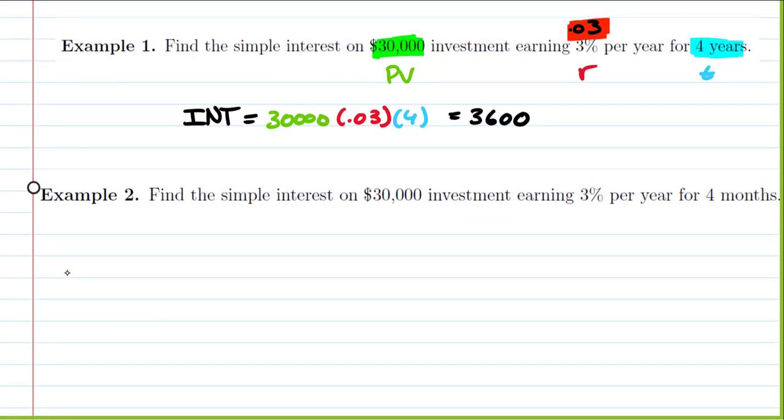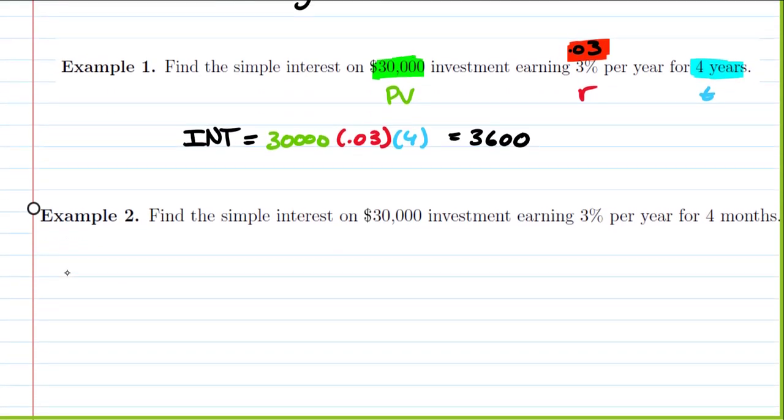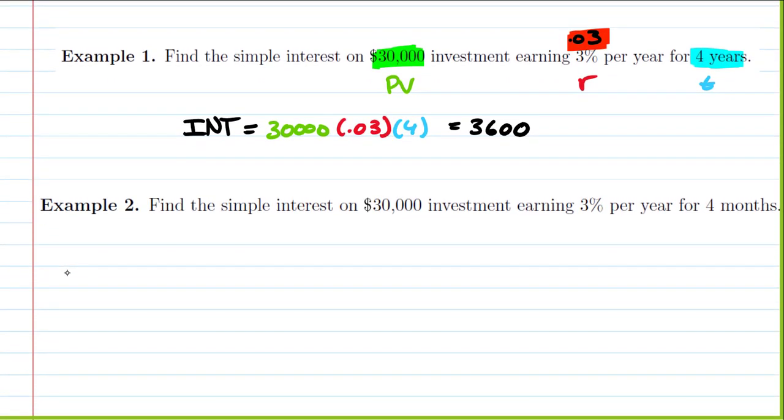It says our time is 4 months. As mentioned with our formula, our time was always measured in years, so we're going to do pretty much the same thing, but we have to be a little bit careful with our 4 months. There are 12 months in a year, so we're going to have 4 over 12, which would reduce to 1/3.